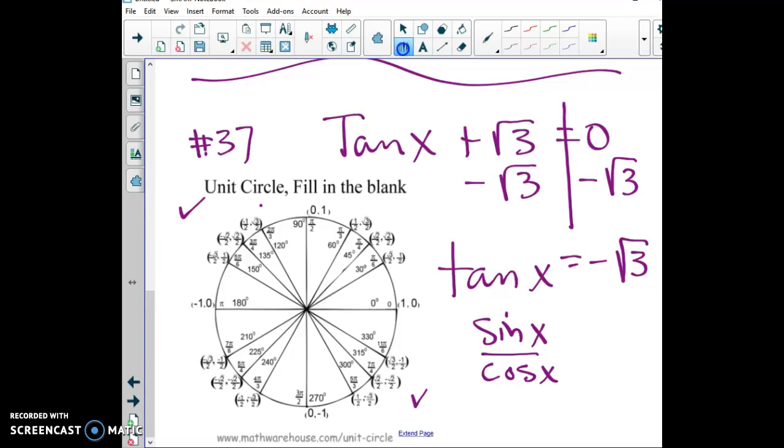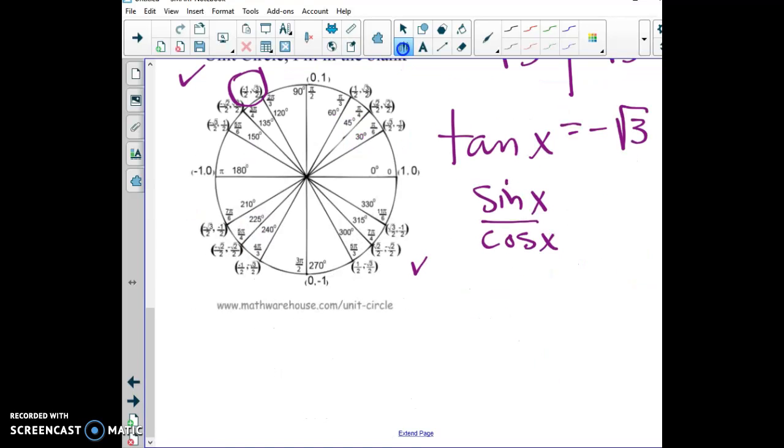Let's look at square root of 3 over 2 over negative 1/2. Tangent is sine over cosine. So the square root of 3 over 2 divided by negative 1/2, that means multiplied by negative 2 over 1, that would simplify to negative square root of 3. So we're looking at 2 pi thirds.